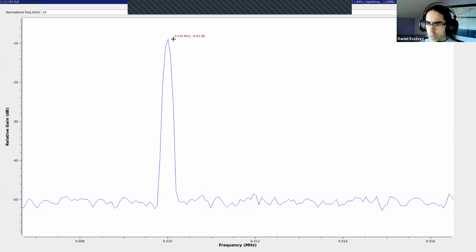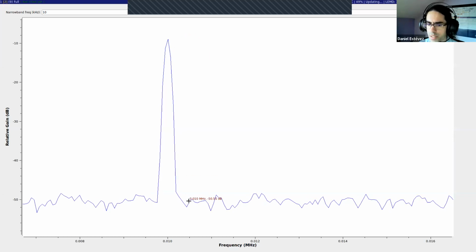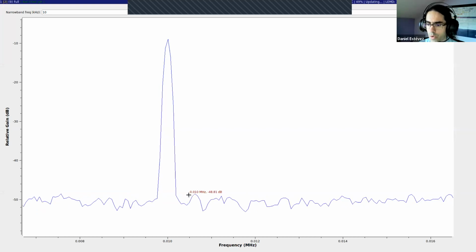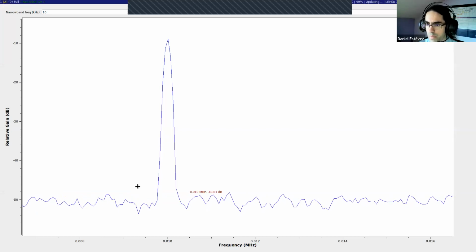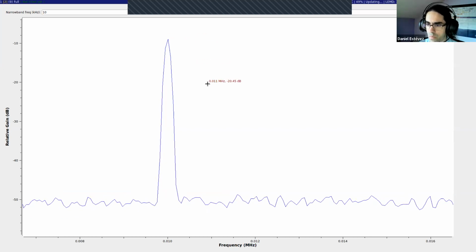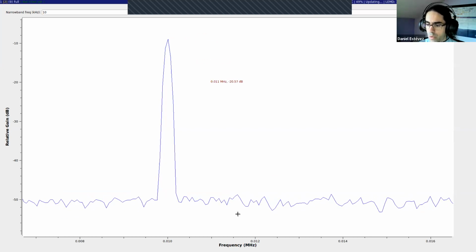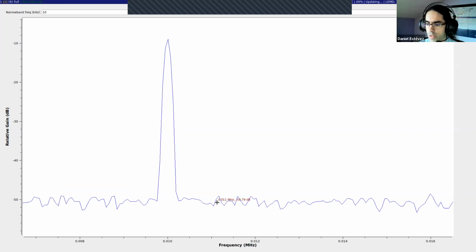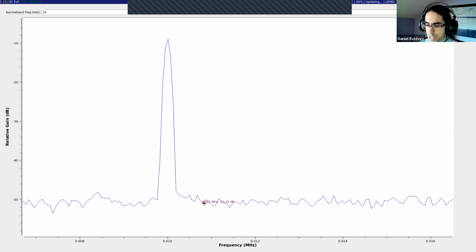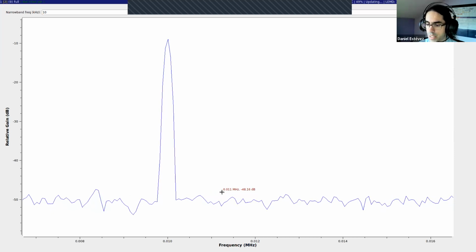Before, we were speaking about a 41 dBs difference in power. That's slightly more than 10,000 times. It means that the power of the signal here is 10,000 times more than the noise in 122 hertz, or in 61 hertz, as in this case.